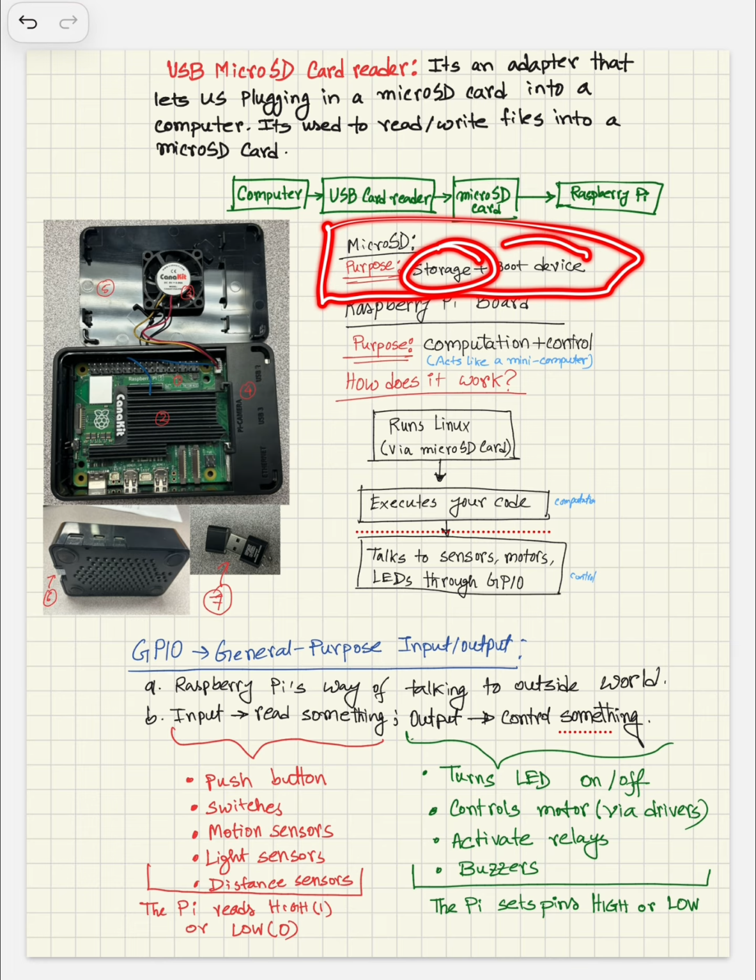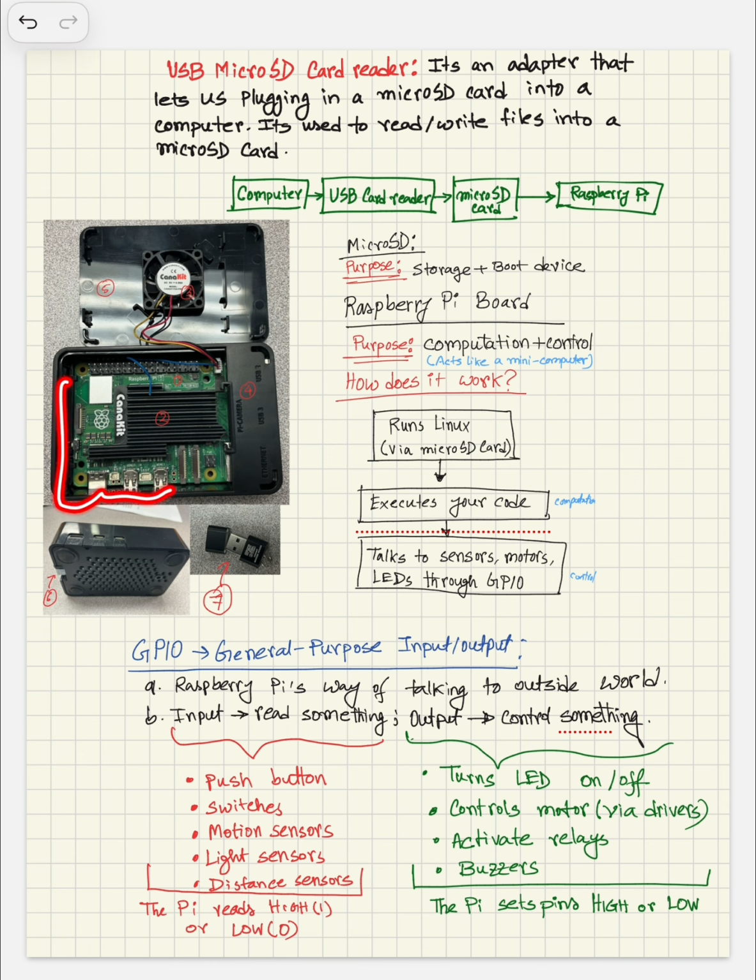It's a storage and boot device. We need it to boot our mini computer. This Raspberry Pi board is basically a mini computer, and to boot it we need the micro SD card.